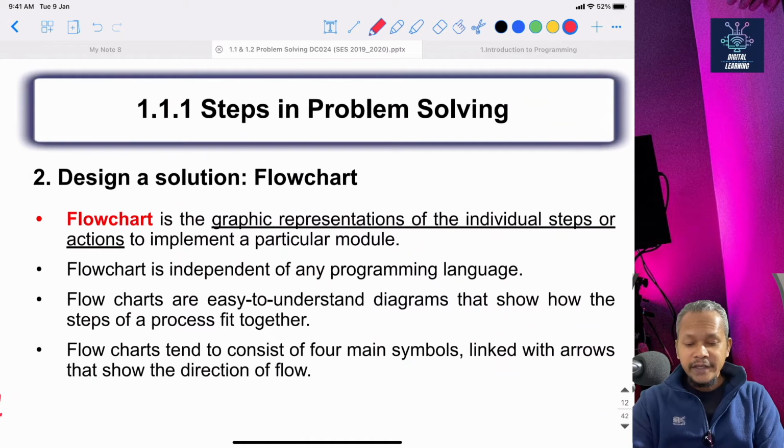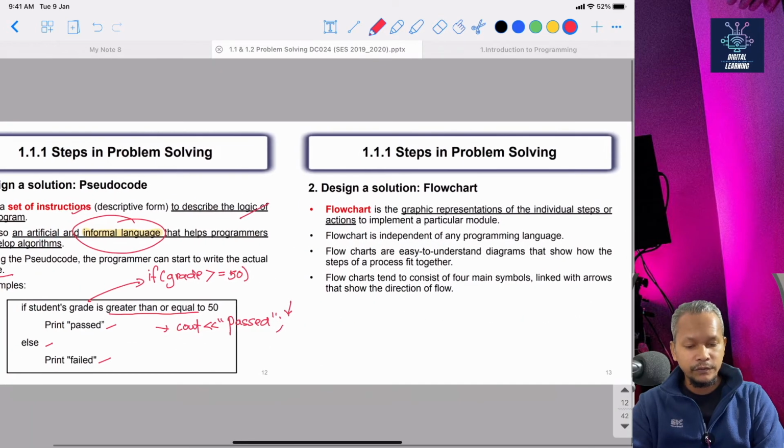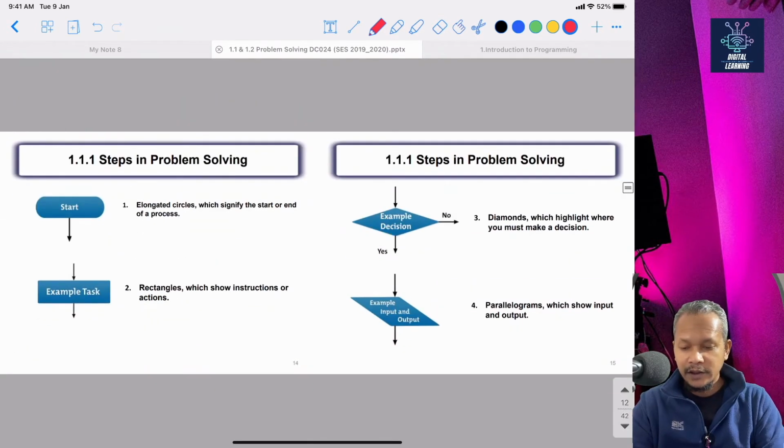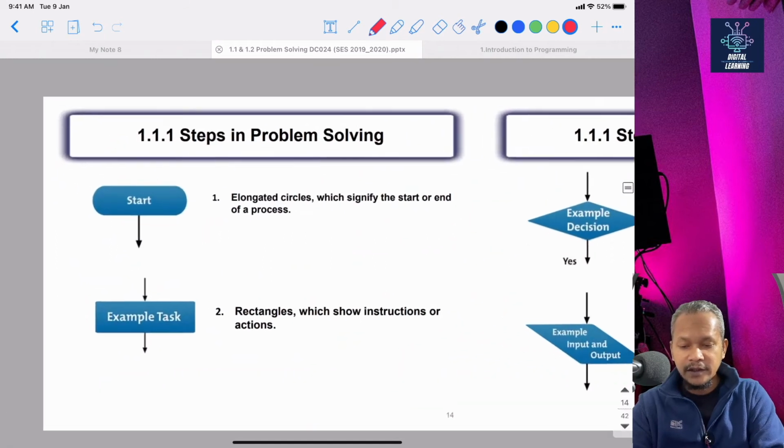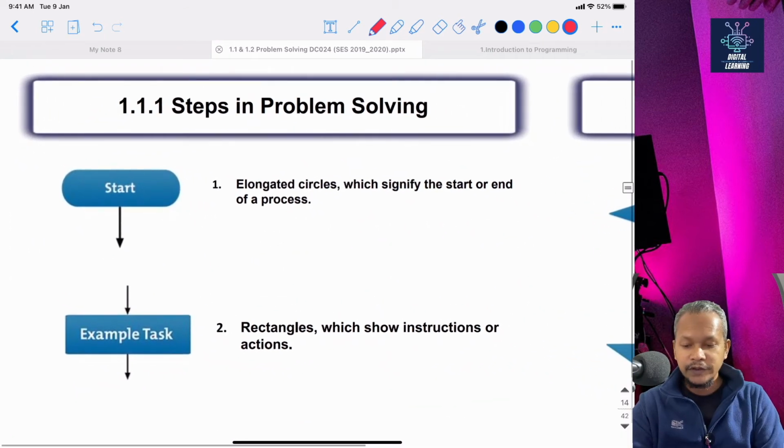Flowcharts are easy to understand diagrams that show how the steps of the process fit together. Flowchart tends to consist of four main symbols linked with an arrow that shows the direction of flow. Here is an example of a flowchart.